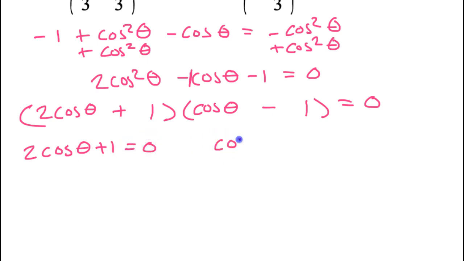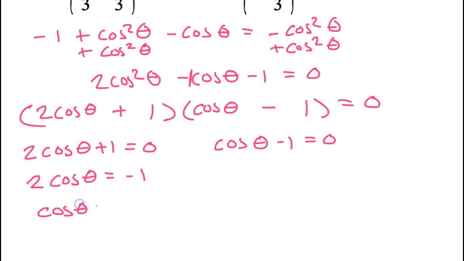And I have cosine theta minus 1 equals 0. So over here, if I subtract 1 from both sides, I get 2 cosine theta equals negative 1. If I divide both sides by 2, I get cosine theta is equal to negative 1/2.